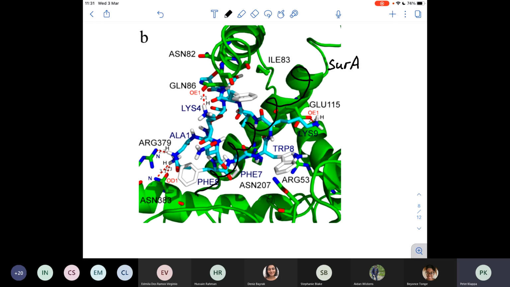So we saw there is an alpha helix that really is close to our peptide. So we've got phenylalanine of the model peptide, tryptophan of the model peptide, and we could see the structures of SIRA which are in close proximity.